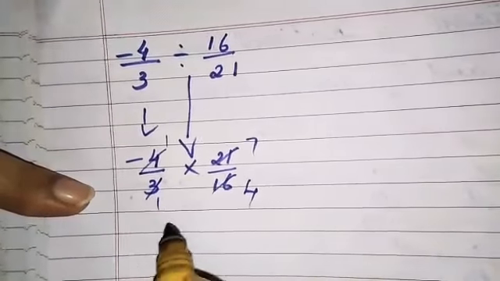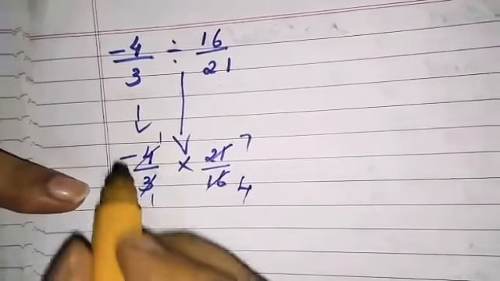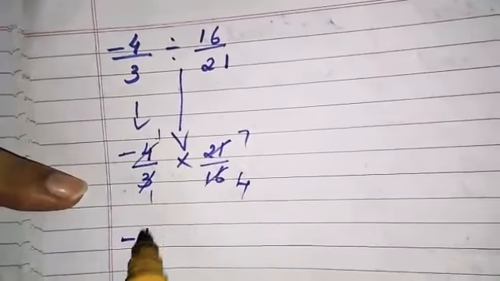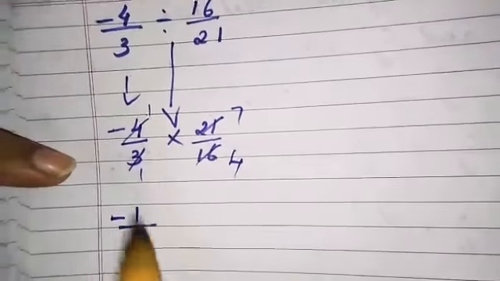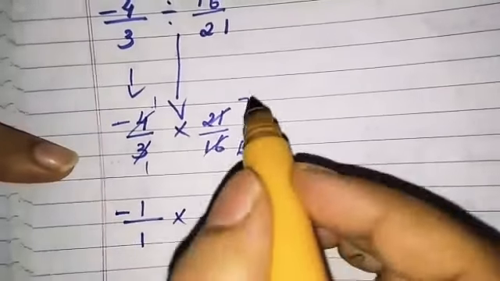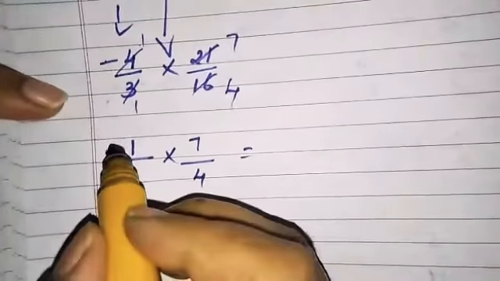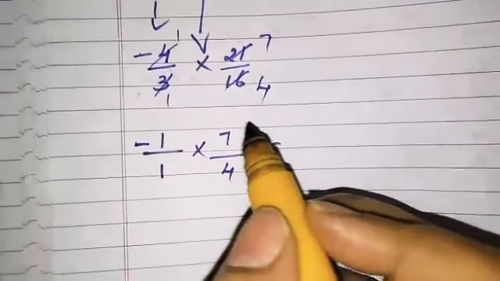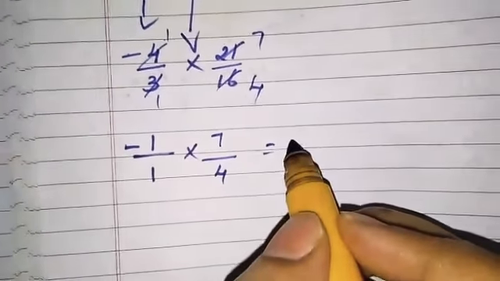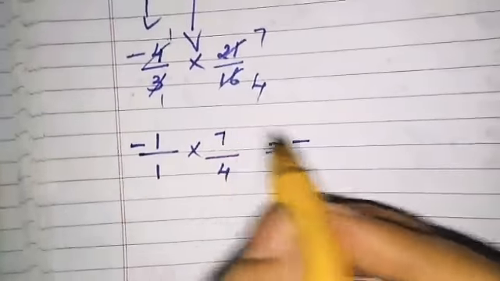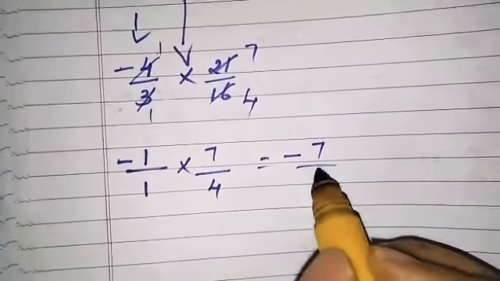So I have here the sign minus, and 1 by 1 into 7 by 4. Always remember to multiply the signs first. Minus into plus is minus. 1 times 7 is 7 and 1 times 4 is 4.